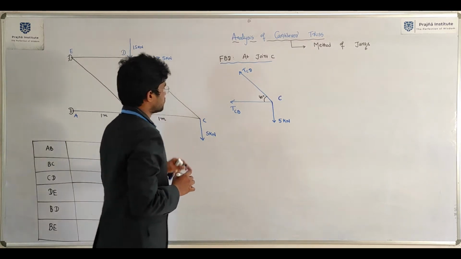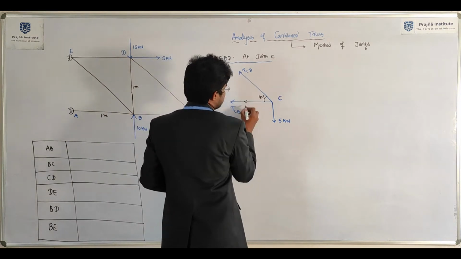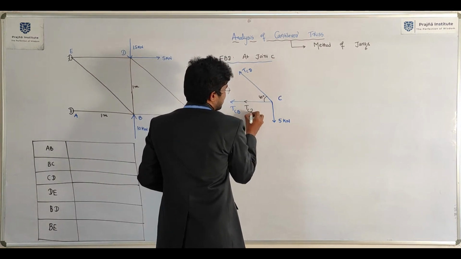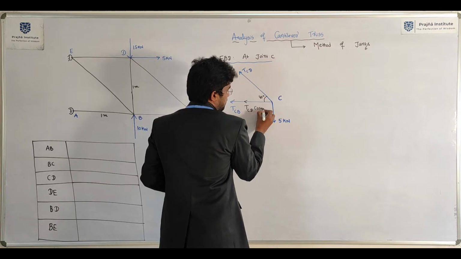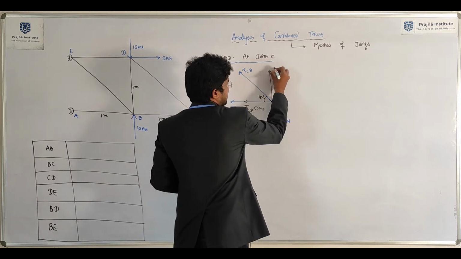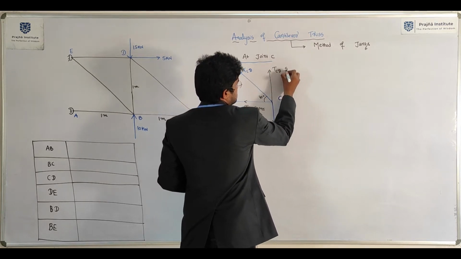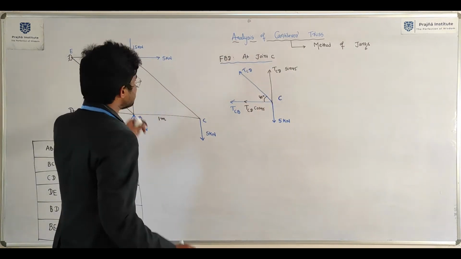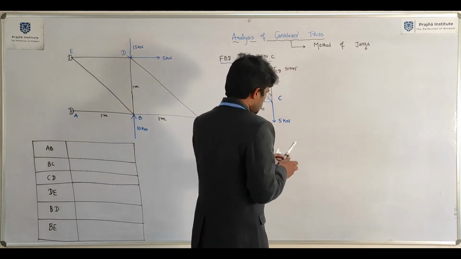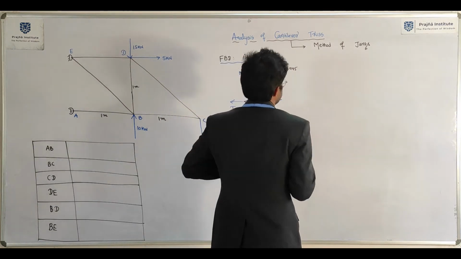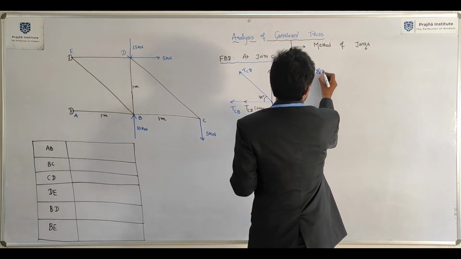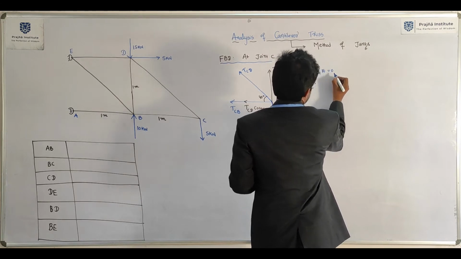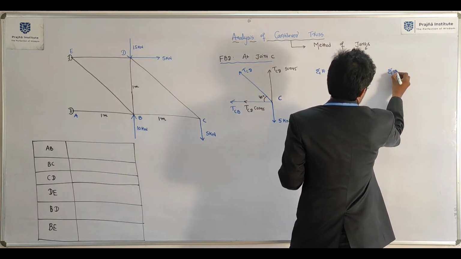Just resolve the forces: TCD cos 45, TCD sin 45. Okay, TCB and TCD, just apply equilibrium equation, that is sigma H equals to 0, sigma V equals to 0.